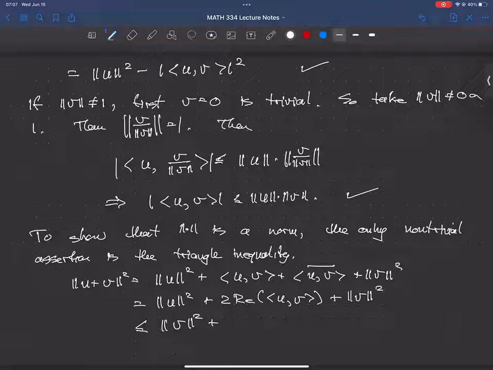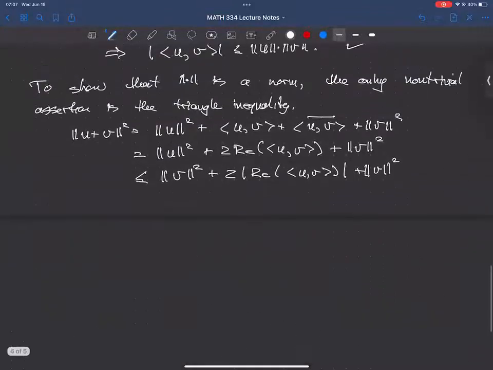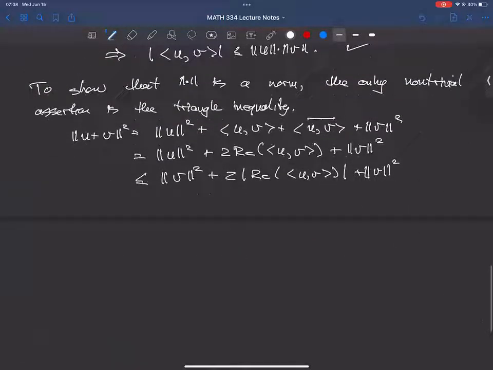All right, so this is potentially negative, and so I'm going to replace it with its absolute value and put the inequality in there. And then if you think about the definition of all the symbols here, the modulus of the real part is less than or equal to the modulus of the complex number itself.